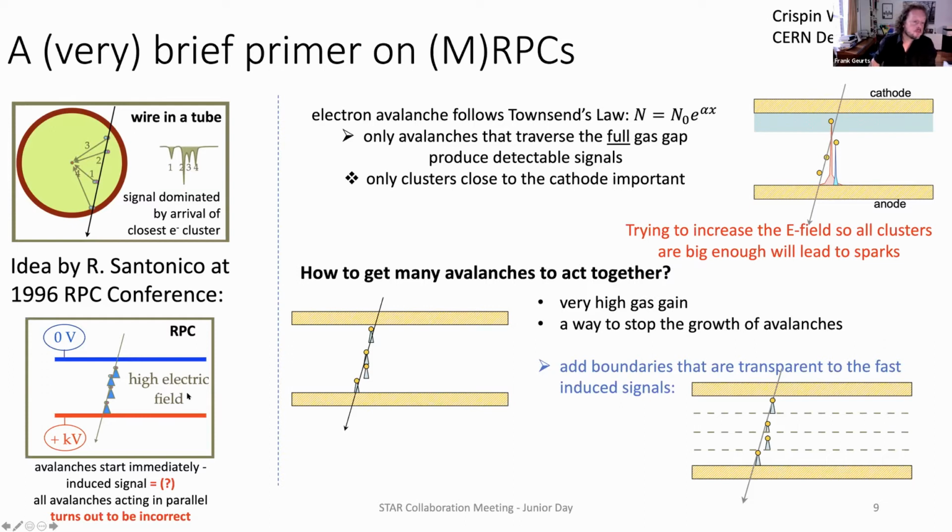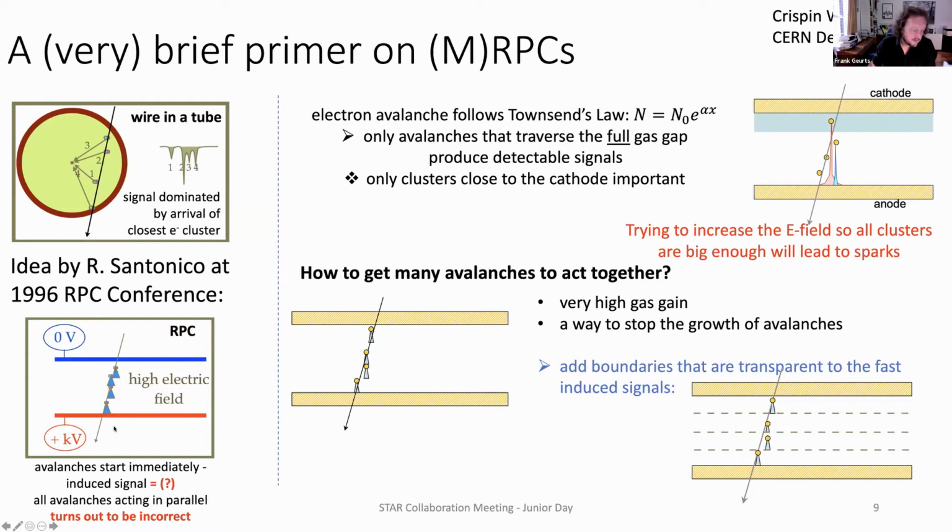So Santonico said, well, what if we look at a detector where these avalanches, as opposed to coming one after another, are really available simultaneously? That was the idea of using this MRPC detector, where you have a very high electric field, but parallel cathode and anode.